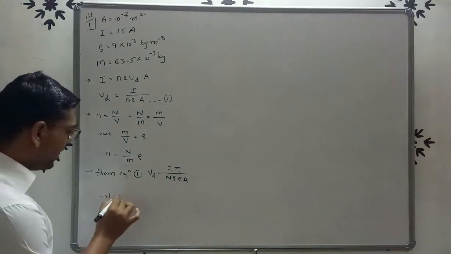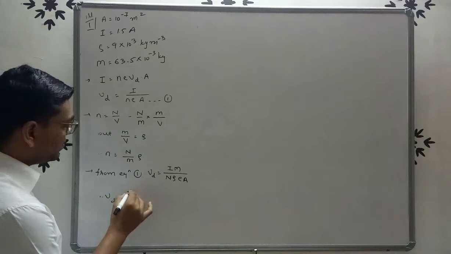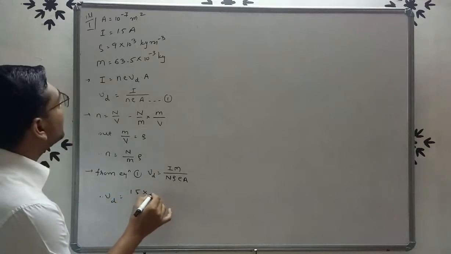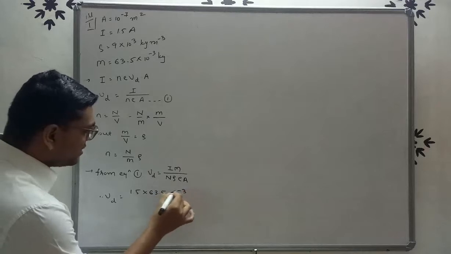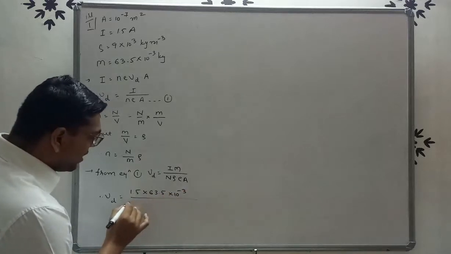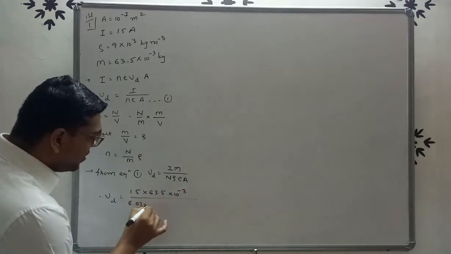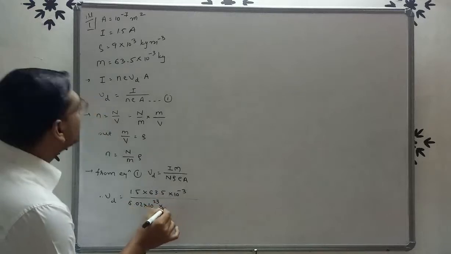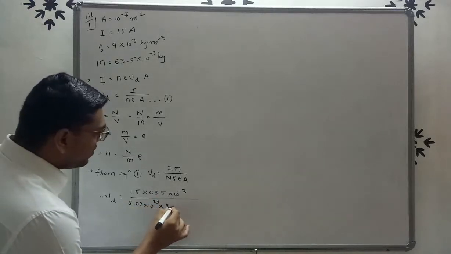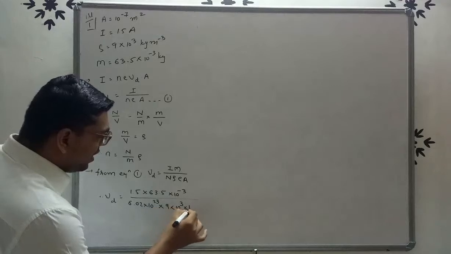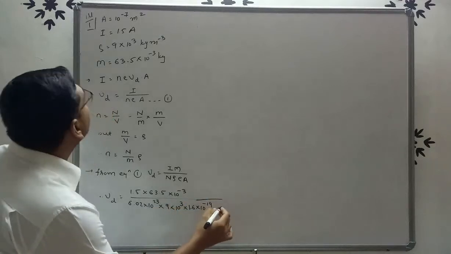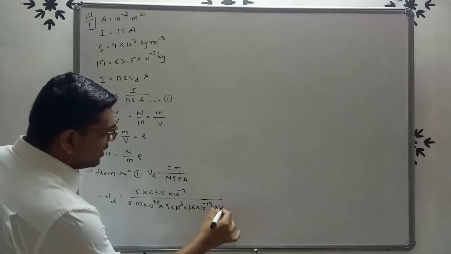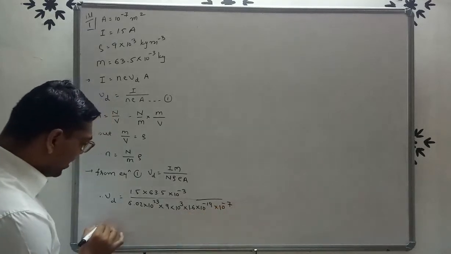So vd is equal to the value of I, that is 1.5, mass 63.5 × 10^-3, Avogadro number 6.02 × 10^23, density 9 × 10^3, e 1.6 × 10^-19, and area 10^-7.